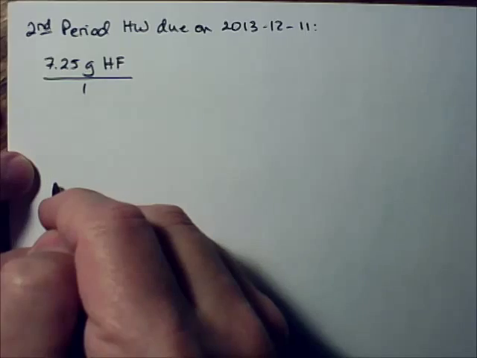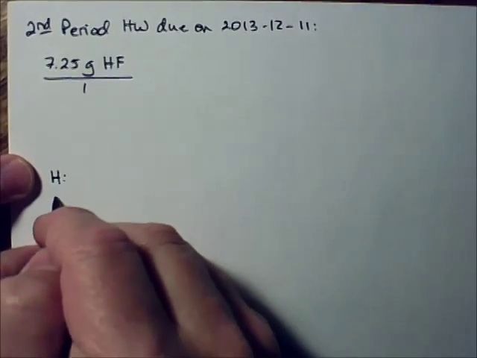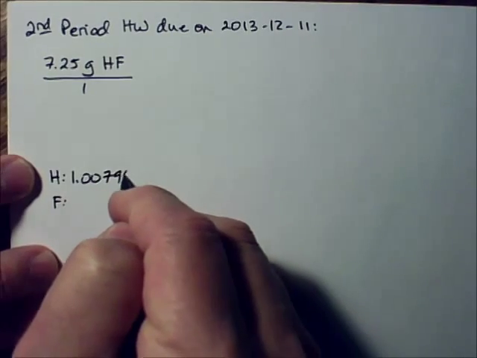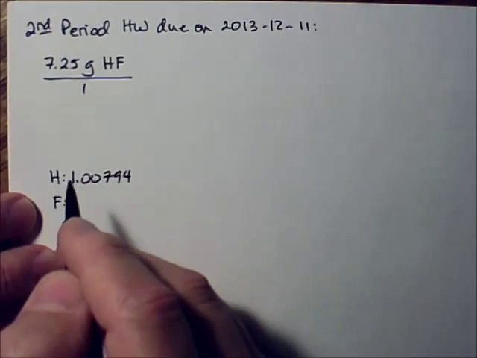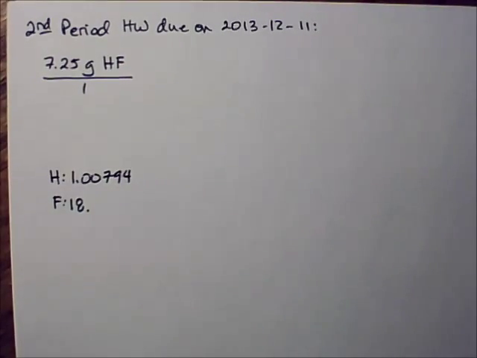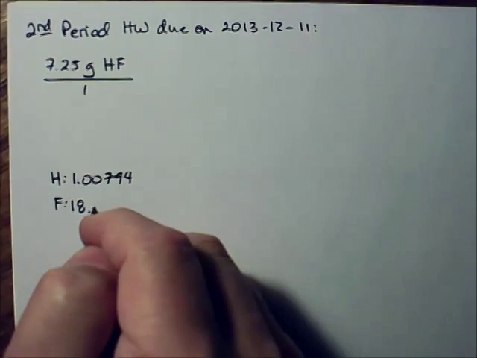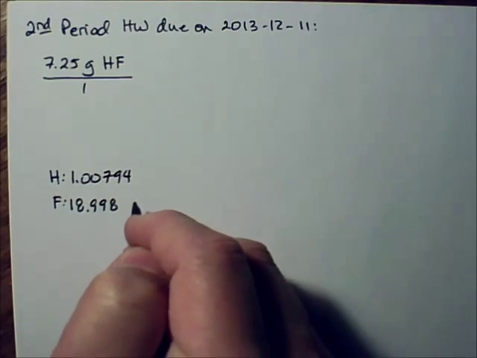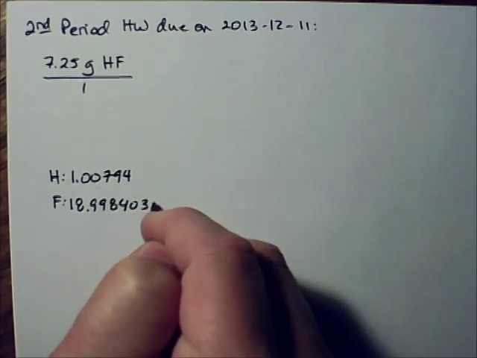There's only one hydrogen and one fluorine. So this is the atomic mass of hydrogen. The atomic mass of fluorine is 18.9984032.